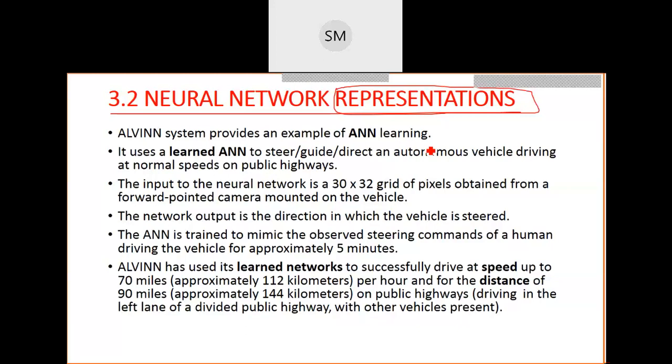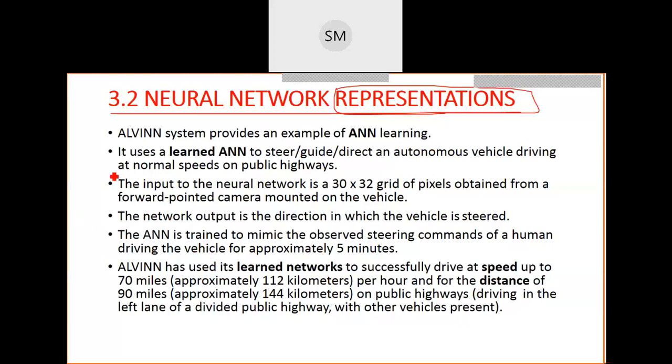Then in the next module we started to use decision trees, which are a representation of target functions and hypotheses. Here also we are going to represent neural networks in the form of an input layer, an output layer and other layers. That is what we are going to study here.